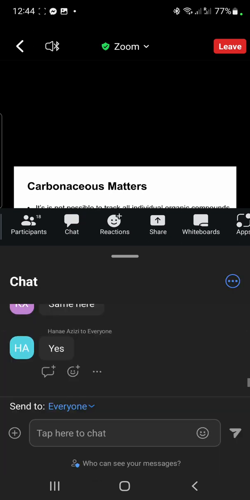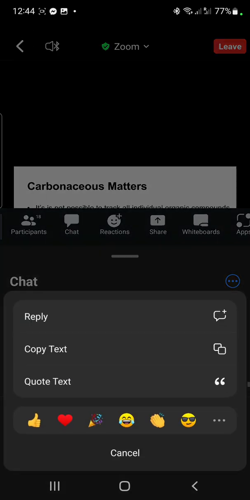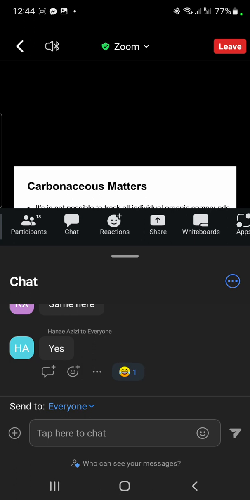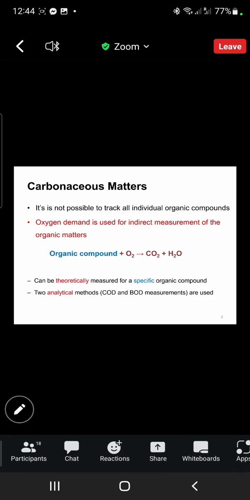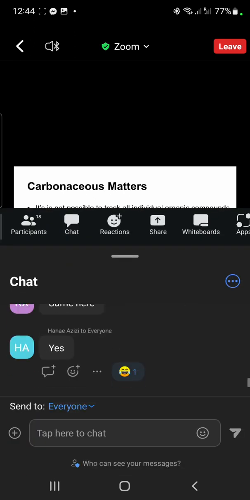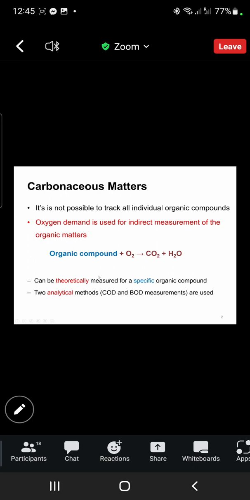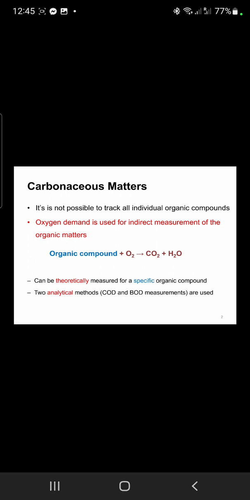Okay, perfect. But you get the idea of what I'm talking about, right? You just let the organic compound go into a combustion reaction, and then you can actually measure the oxygen demand. It can be theoretical, it can be analytical. If you're measuring it theoretically, you're talking about balancing the reaction, and you will need to know the composition of the organic compound.